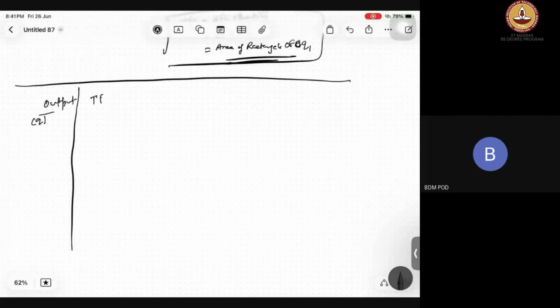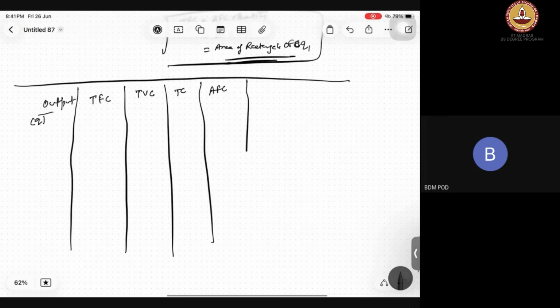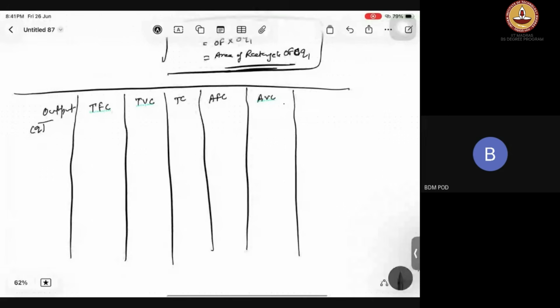This is TFC, this is TVC, this is TC, and this is AFC, this is AVC, this is the marginal cost. So we are using marginal cost also here.